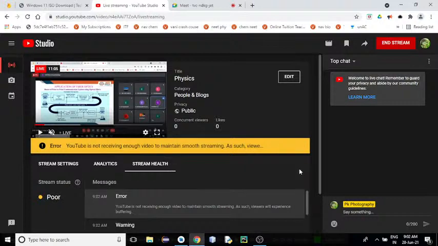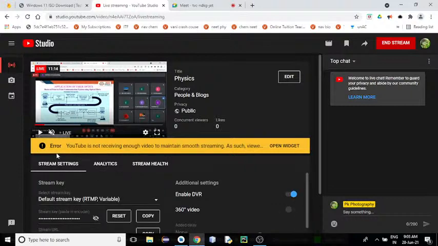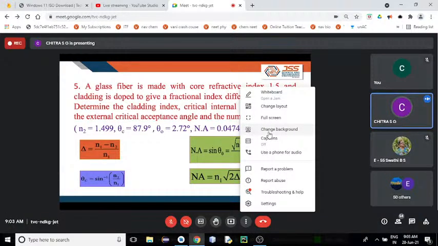A glass fiber is made with core refractive index 1.5, and cladding is doped to give a fractional index difference of 0.0005.